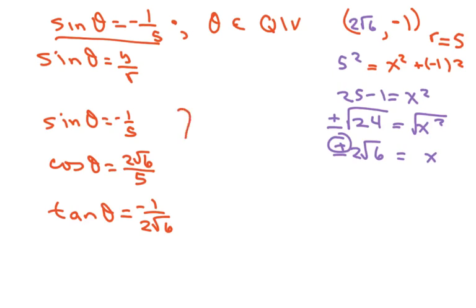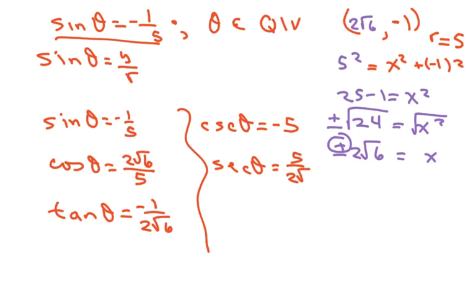And then do the reciprocal. Cosecant will be negative 5. Secant of theta equals 5 over 2 square root of 6. And tan of theta equals negative 2 square root of 6.